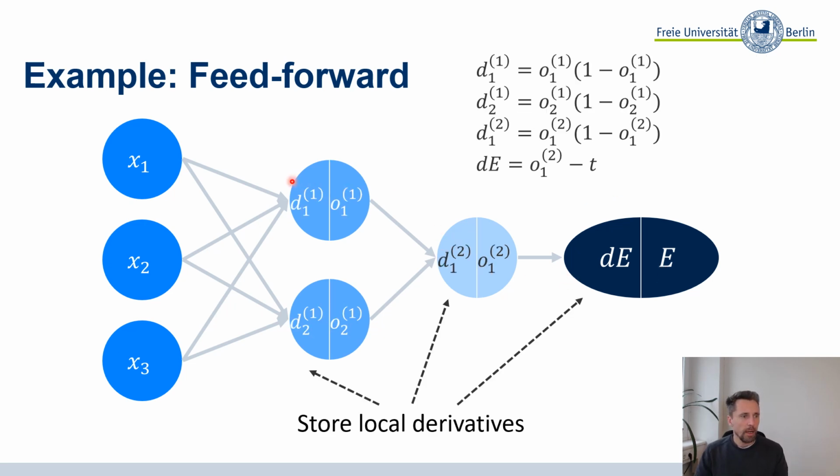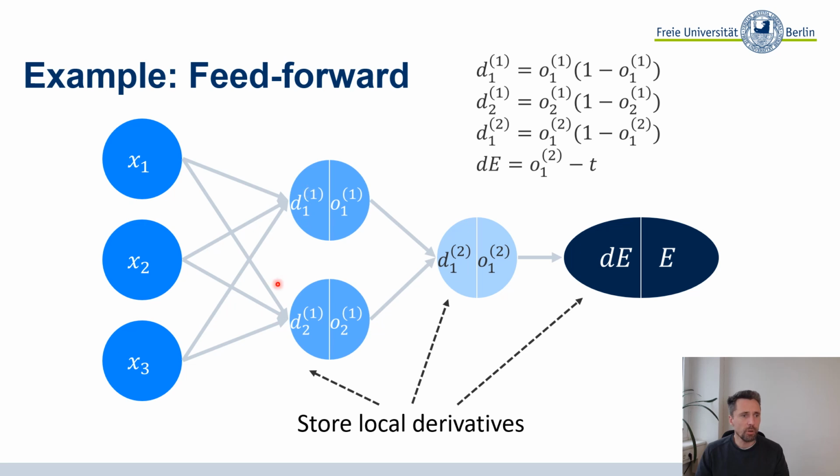Let's do it. So I call this D, like derivative, and use the same indexing notation. So subscript 1 means the first unit, superscript 1 means first layer. And the derivative of the sigmoid function is pretty cool, because it's just the sigmoid function times 1 minus the sigmoid function. And since we have already evaluated the sigmoid function and have stored it in O1 superscript 1, we just use this number that we've stored and compute the derivative like it says there.